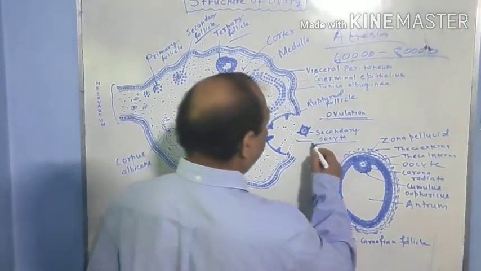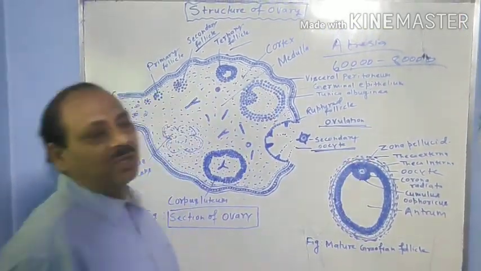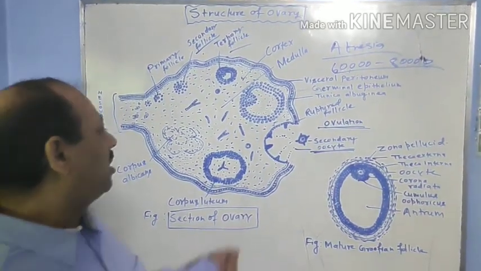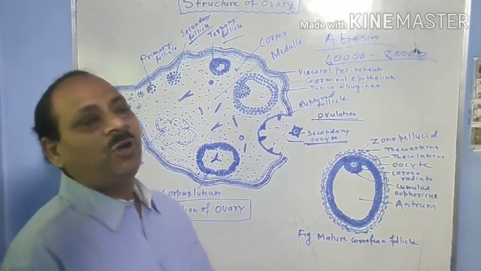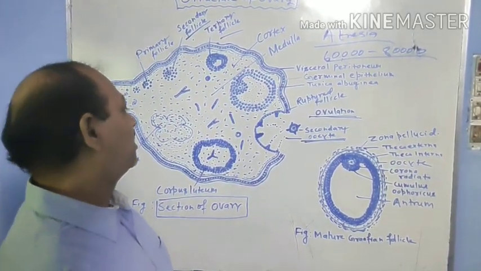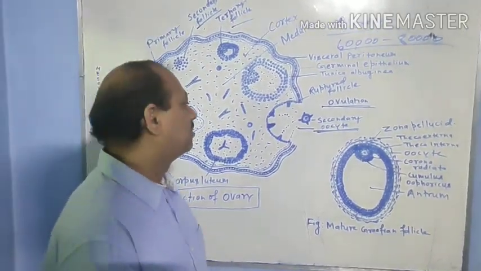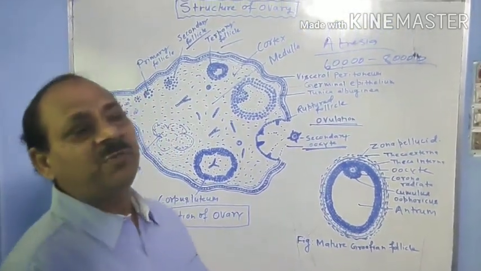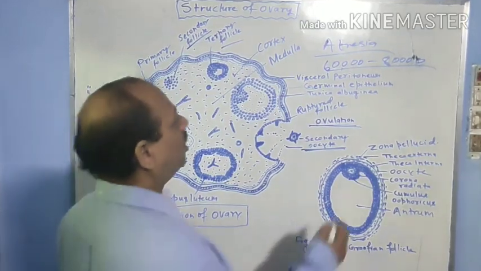After the rupturing of Graafian follicle or mature follicle, large number of follicular cells remain. They become enlarged and filled with a pigment known as lutein.